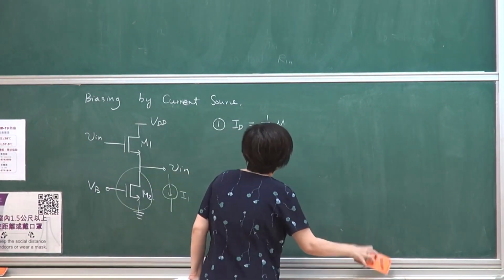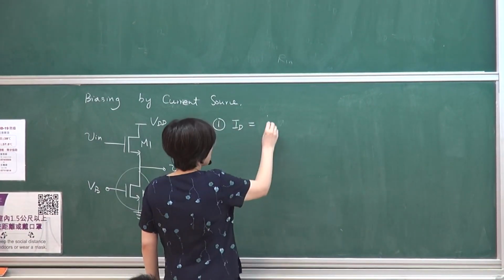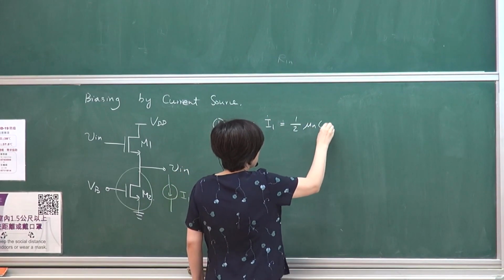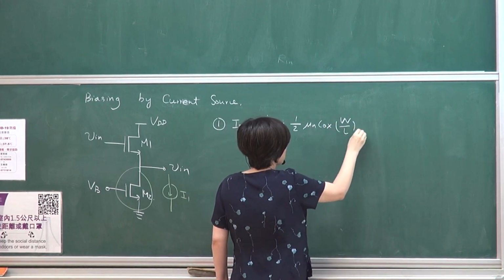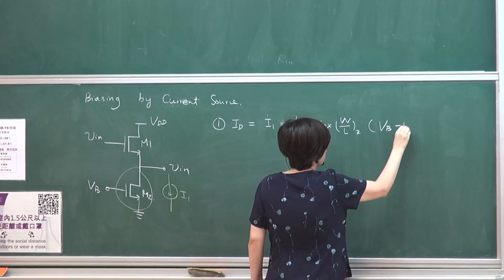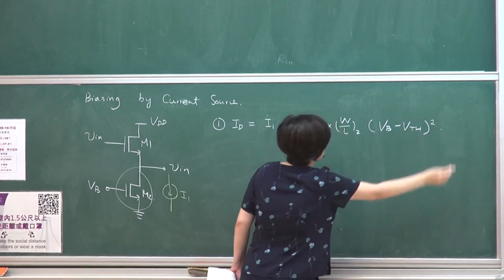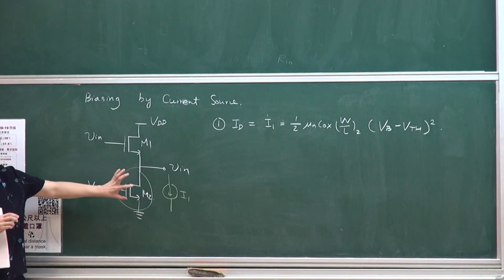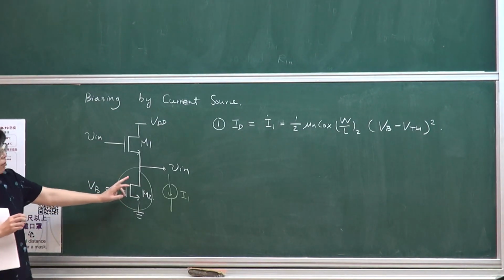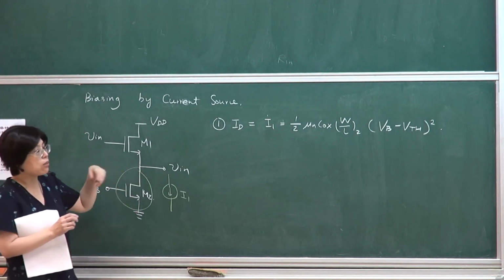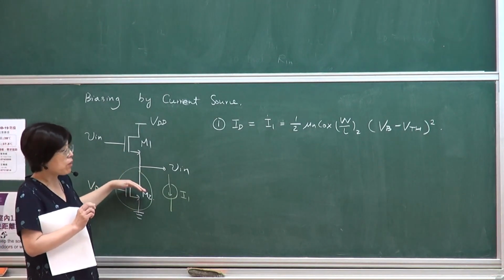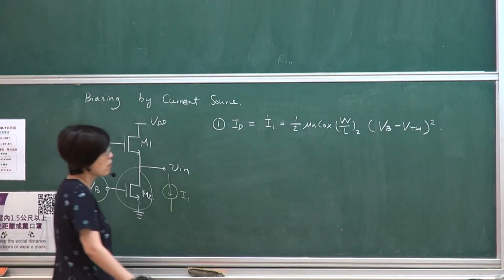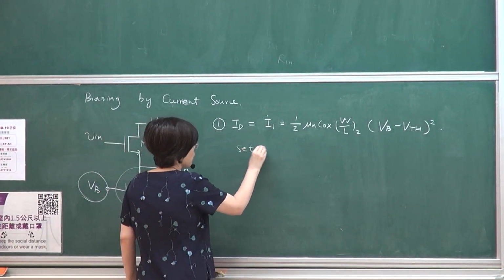ID equals I1 equals 1/2 mu N Cox W/L2 times (VB minus VTH) squared. So this will give you the set of your current through this current source. I can very easily set the level of current simply by adjusting my biasing level. So this is to set your operating point.